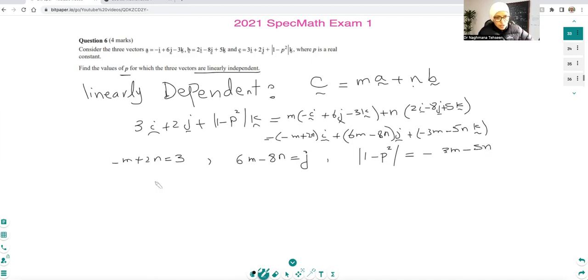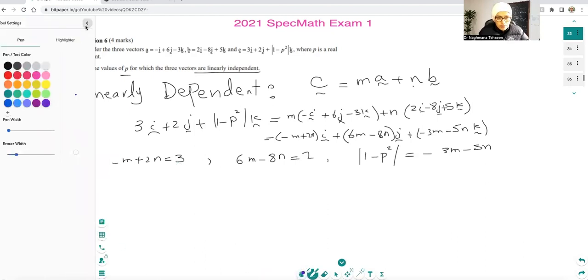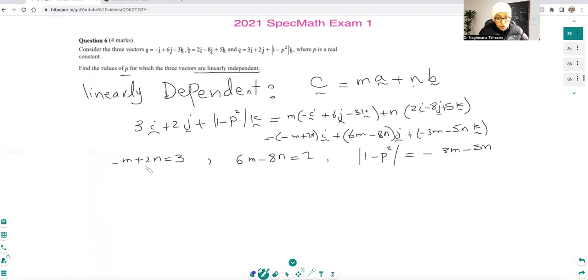Okay, so if we solve this simultaneously, sorry, this should be 2. I was meant to write 2 there. So we have these 2 equations with M and N in them, so we can solve them simultaneously and find M and N. We can multiply this by 4 and add.